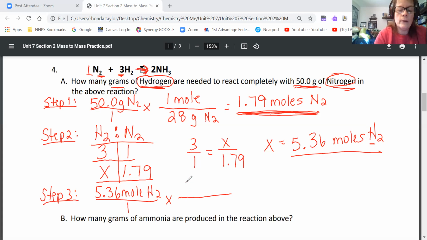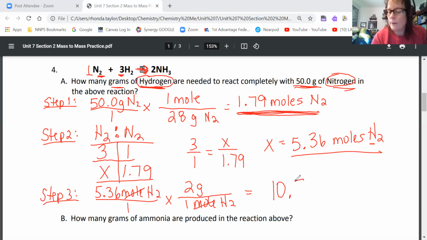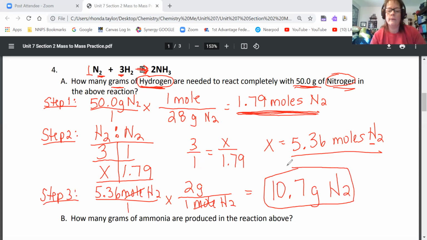So that's 2 grams in 1 mole of H2. See how we put the moles on the bottom this time so that we cancel out because we're trying to get grams in this end step. So 2 times 5.36 is going to give you 10.7 grams of H2, and that is your answer.